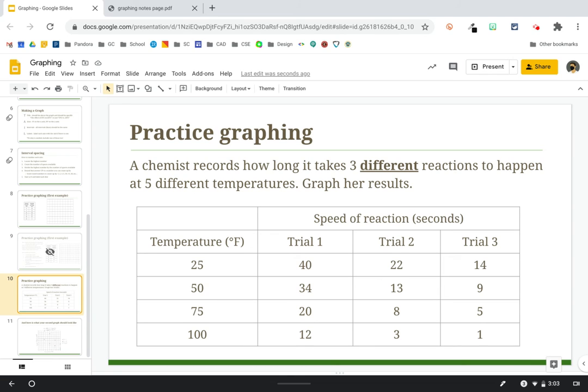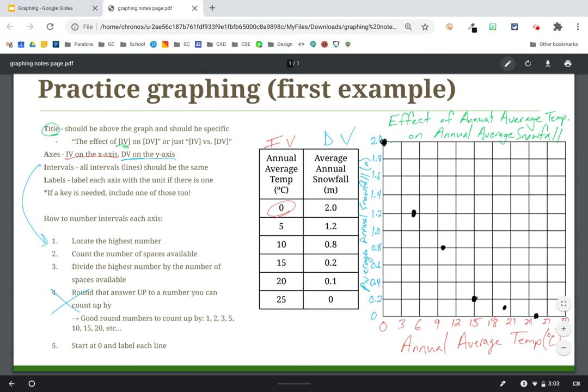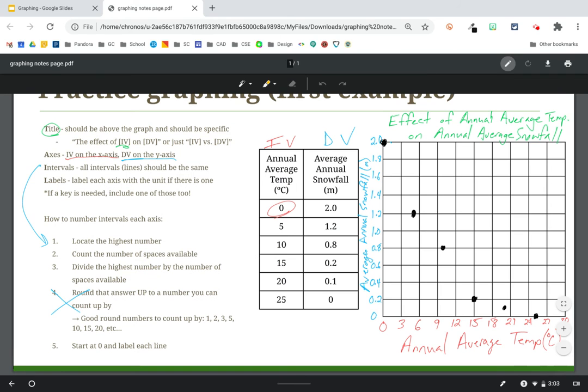Beware that because there are 3 different trials, it would be good to use 3 different colors of pen or pencil. Or if you don't have 3 different colors, then what you can do is use different shapes. So for example, on this one, I used dots for the first data set. If I had another data set on here, what I could do is make triangles for the other data set. And so those data points would look something like that.